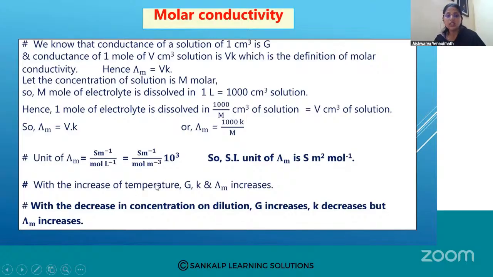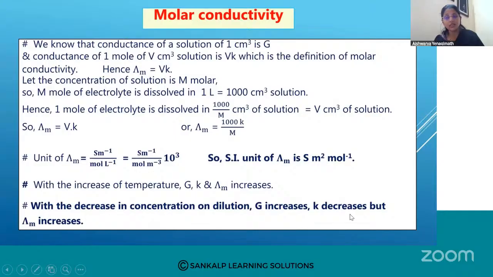With the increase of temperature, G conductance, kappa conductivity, and molar conductivity all increase. With the decrease in the concentration, on dilution, G increases, conductance increases, because on dilution, we'll see it one by one. On dilution the ions are more in number.